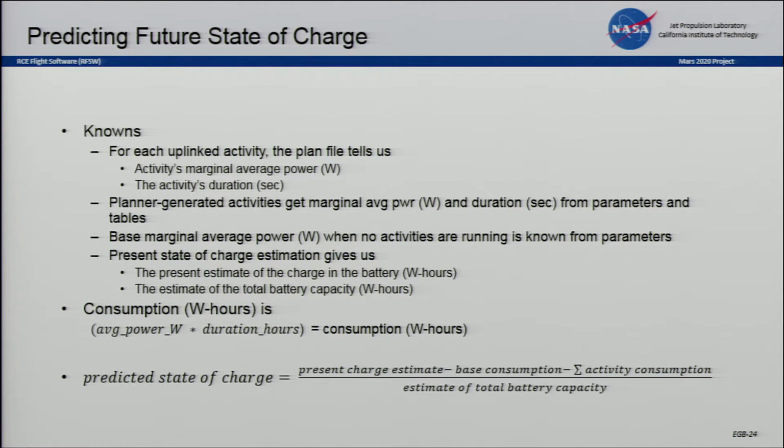Given that and actual readings from the hardware, we can get estimates of how much energy is going to be consumed. We can get an onboard estimate of the available capacity, and from that we can predict the state of charge. We'll have various constraints on what the state of charge can be, both at the end of the plan and an overall minimum that you don't want to dip your power below.